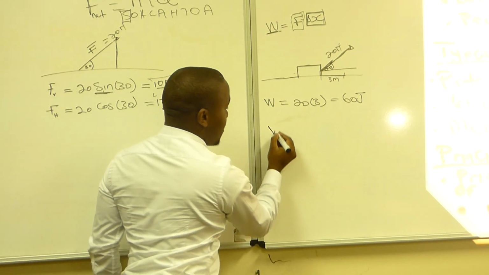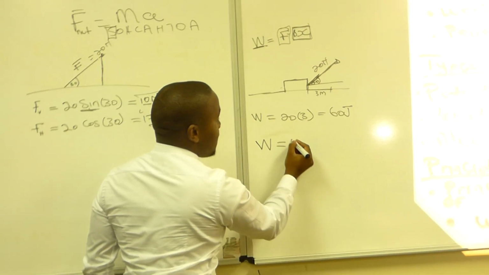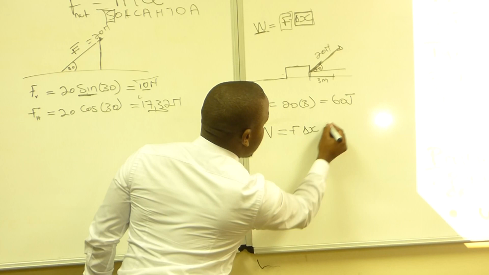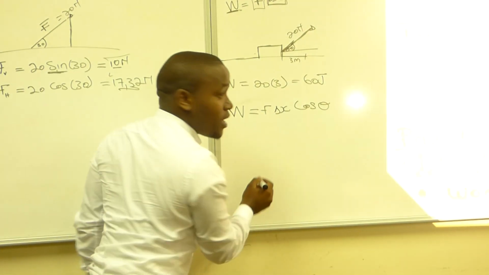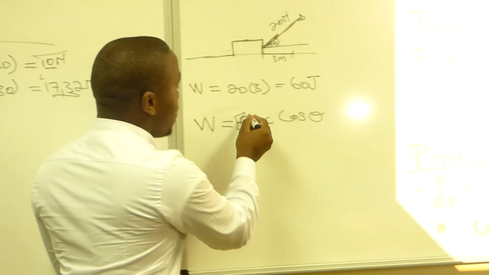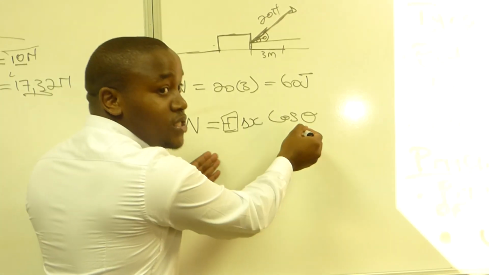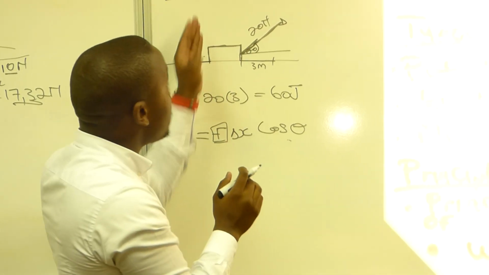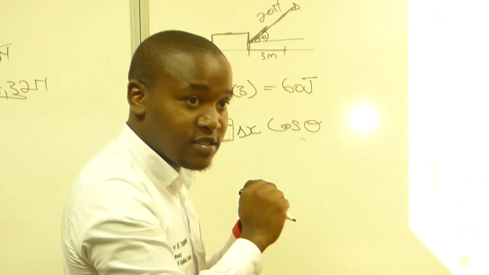Therefore, my work will be given by F delta x cos of theta. The reason why we have cos of theta here is that we are interested in the horizontal component of the force, because the box is moving horizontally.